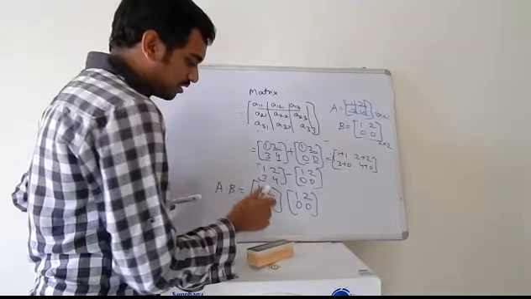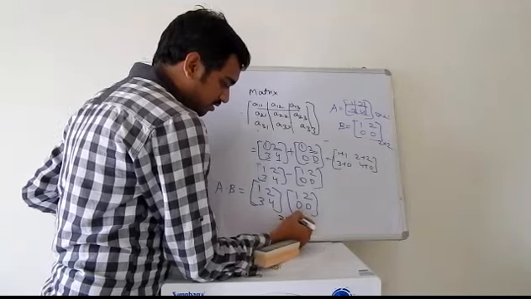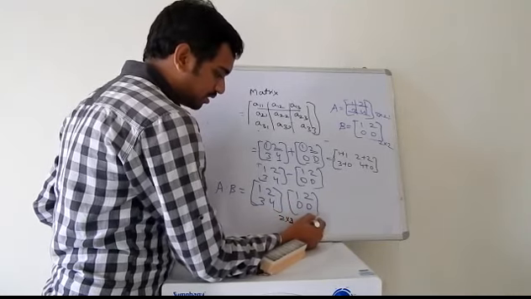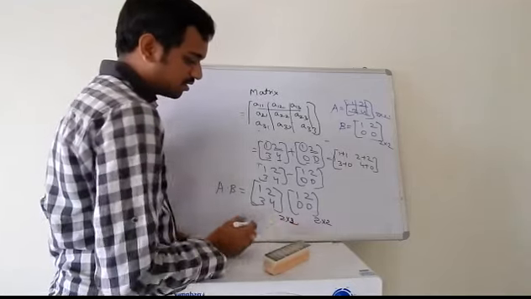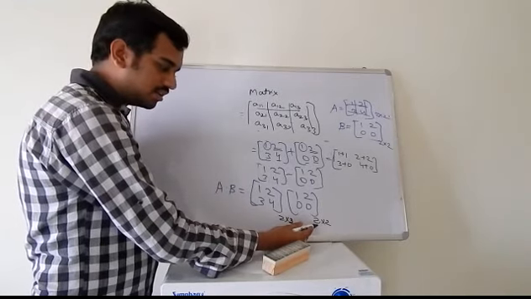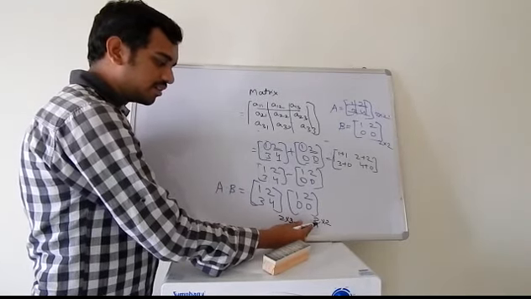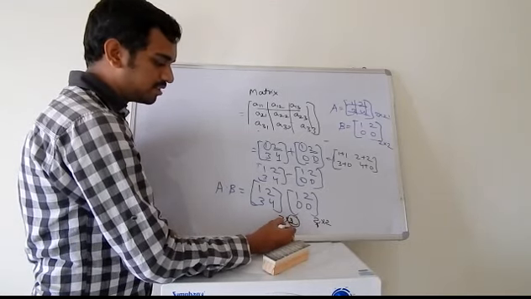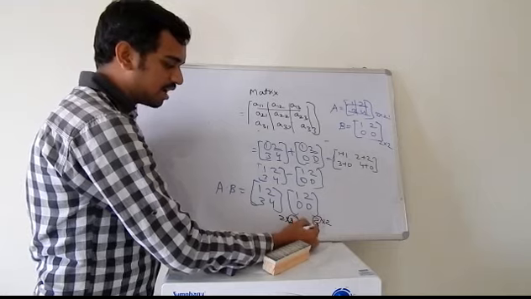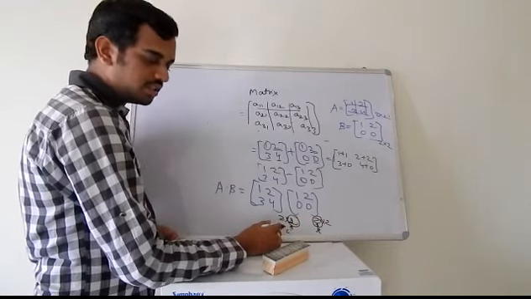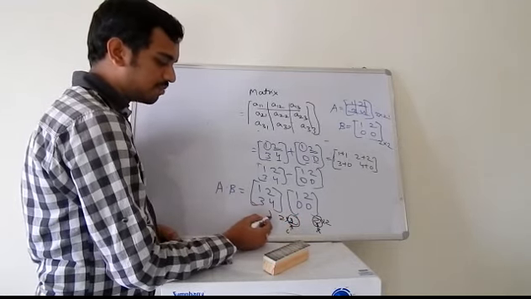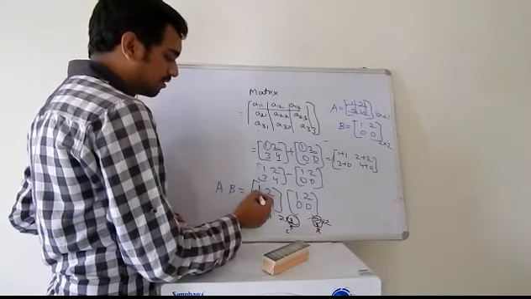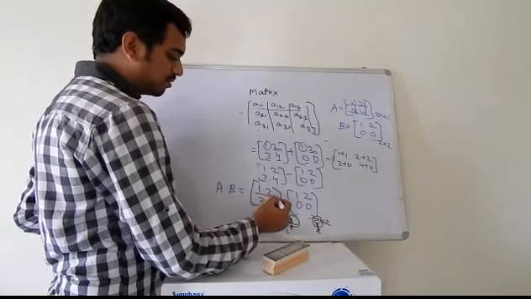But here, the first matrix's columns should be equal to the second matrix's rows. See here, this is the first matrix's columns and this is the second matrix's rows. The number of columns of the first matrix should be exactly equal to the number of rows of the second. Then the multiplication is possible.